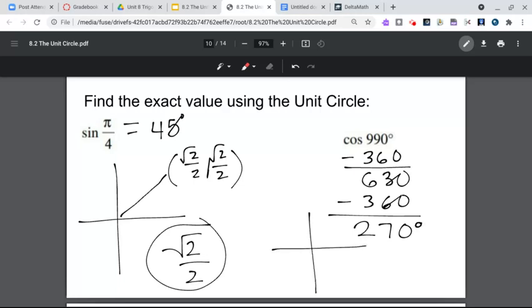That's exactly one of the quadrantal angles, which is here. The ordered pair at 270 here is 0, -1. Because they're asking for the exact cosine value, our answer is 0.